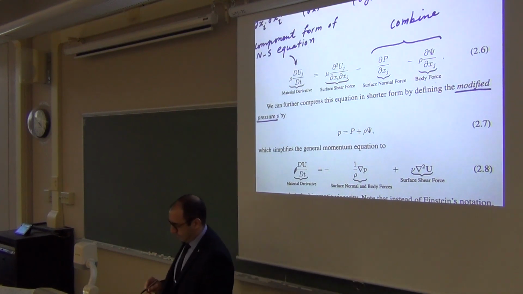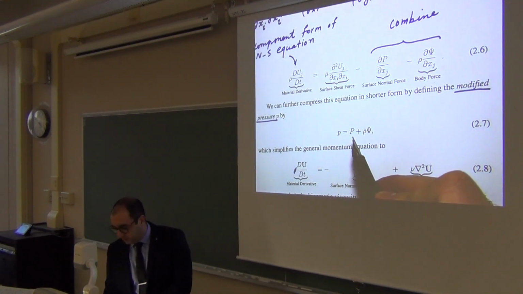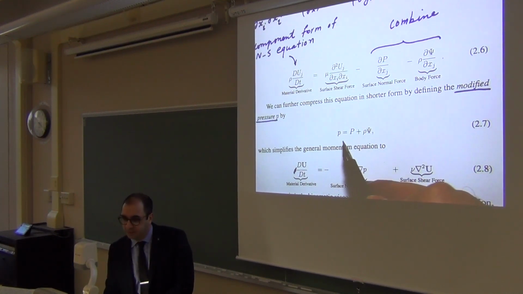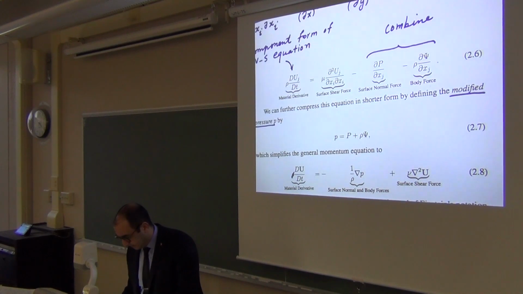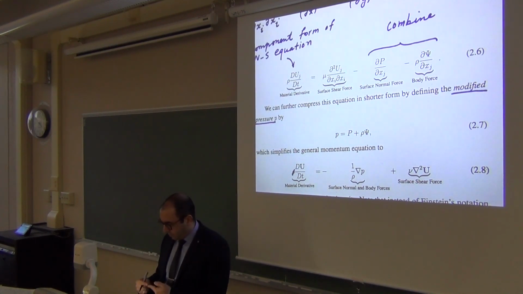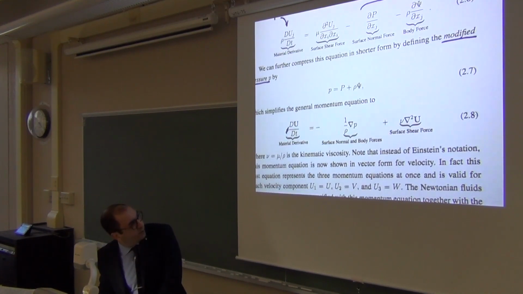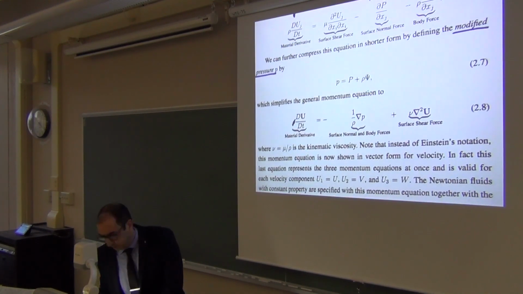Okay? So I had pressure, capital P. If I add rho times gravitational potential to it, then I get lowercase p. That's the modified pressure. And if you combine the two, then you can compress or zip your Navier-Stokes equation further.